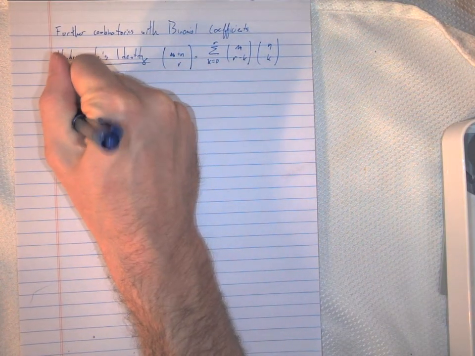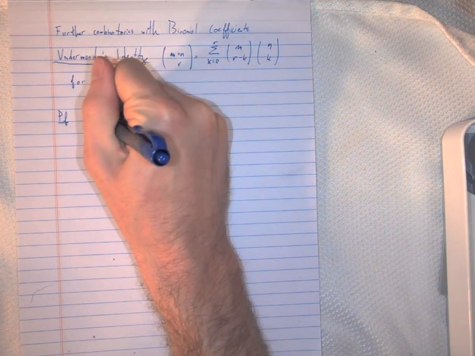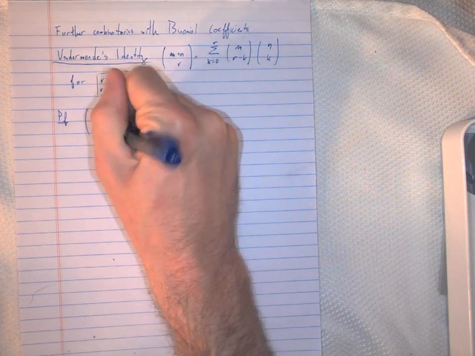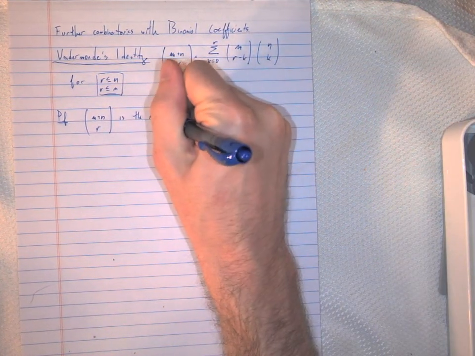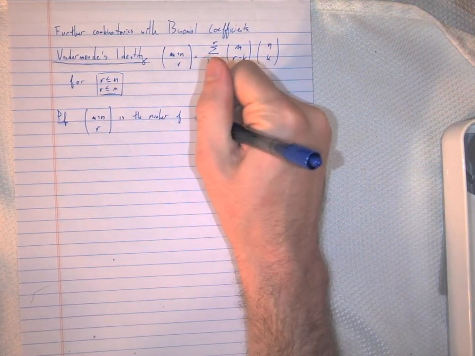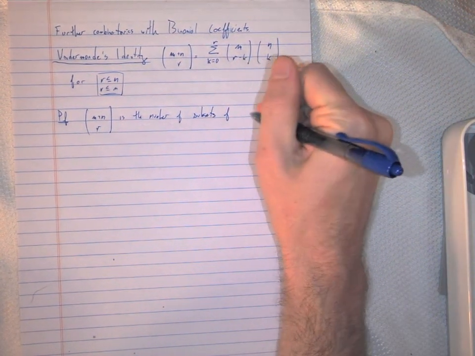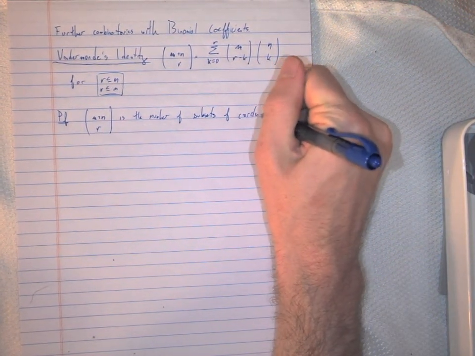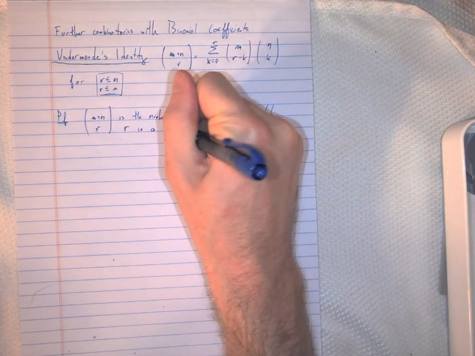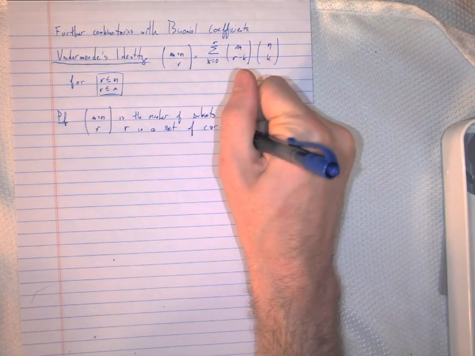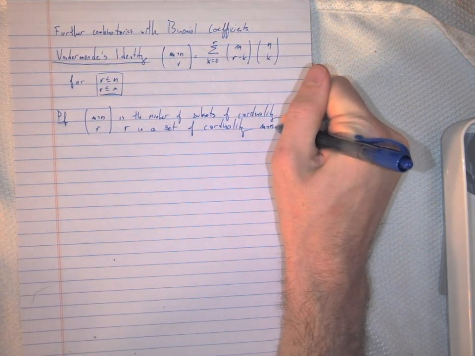So the proof. The left-hand side, m plus n choose r, is the number of subsets of cardinality r in a set of cardinality m plus n.